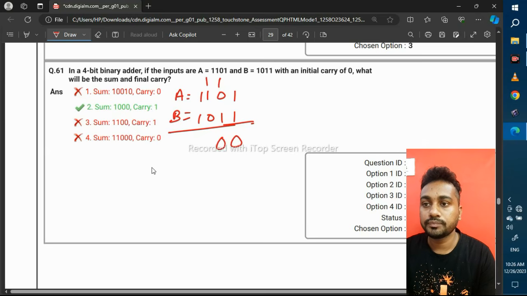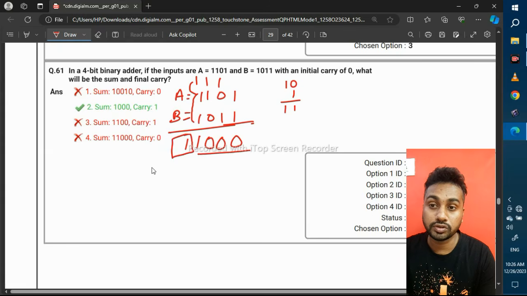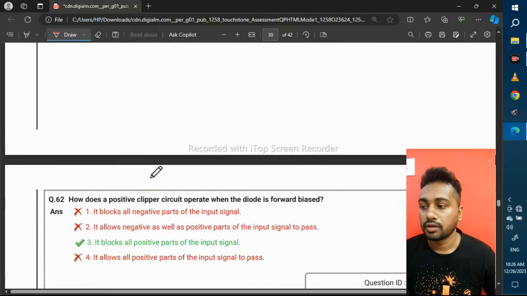Again 1 plus 1, 0, carry is 1. Now 1 plus 1 equals 10, and again 1 gives 11. Here this one is nothing but carry. So sum is 1000 and carry is 1. So option 2 is the right answer. This is simple only.